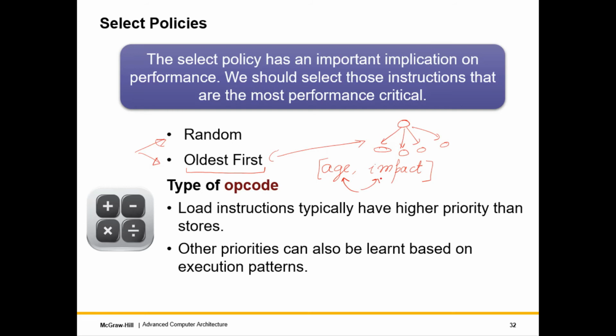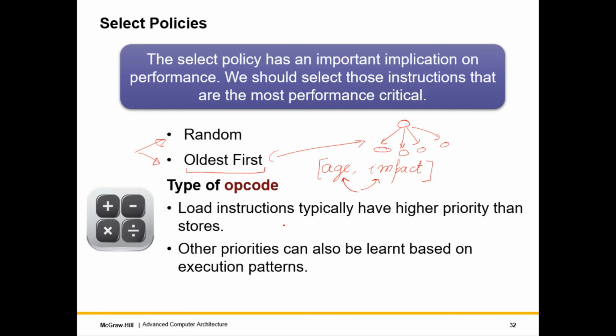There are a few other important points to keep in mind. One is that load instructions typically have slightly higher priority than stores. The reason is that if you think about it, who's dependent on a store? Actually, it's a later load, but there are other ways to take care of them. Stores pretty much write to memory, and it is rather unlikely that you would write to memory and read it. But we have seen such a pattern in assembly code where you store a register and you read it back. But as I said, we will talk about another hardware structure called a load store queue that precisely captures such patterns.